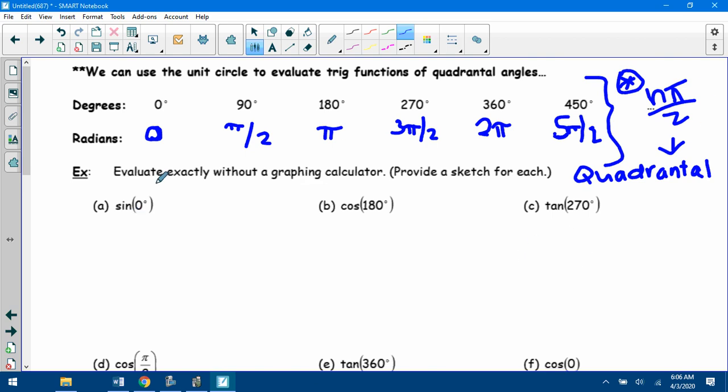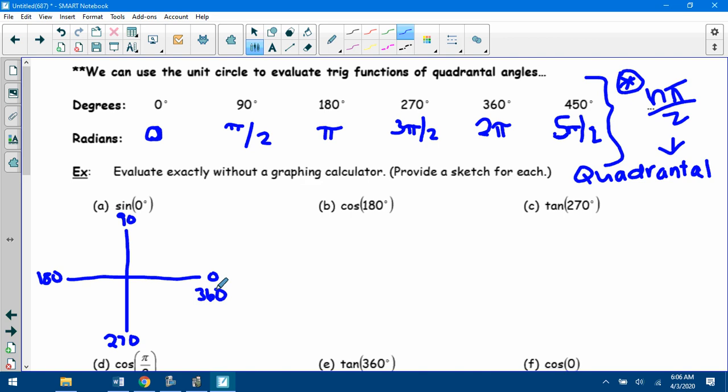Okay, so evaluate exactly without a graphing calculator. We're going to check on the calculator still, and then provide a sketch. So I am expecting to see a sketch for any quadrantal still. So sine of 0 degrees. I'm going to still label just like always, 0, 90, 180, 270, 360.